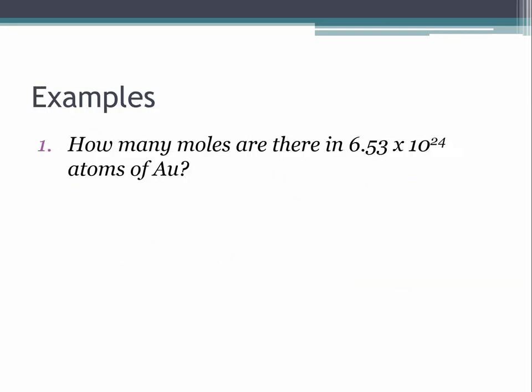Here we go. First example asks, how many moles are there in 6.53 times 10 to the 24th atoms of gold? An atom is one of our particles that we learned. So we're going to start with what we know, our 6.53 times 10 to the 24th atoms of Au, atoms of gold.